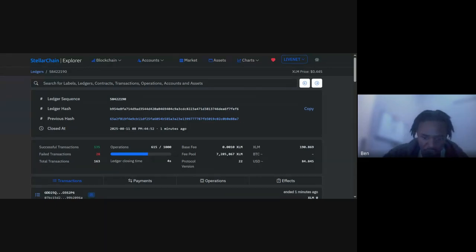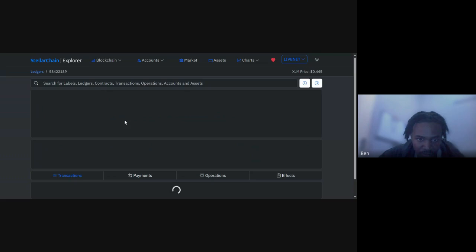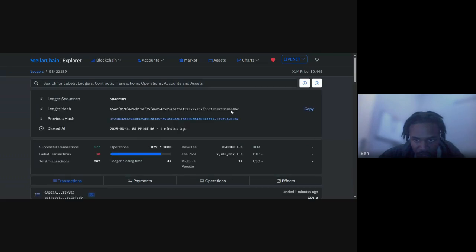So let me go to the previous ledger. 88A7 should be the ledger hash. You can see here 88A7. So this was the previous hash of the ledger that I showed you, and it also has a previous hash.